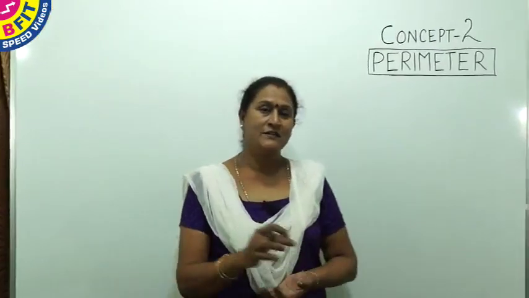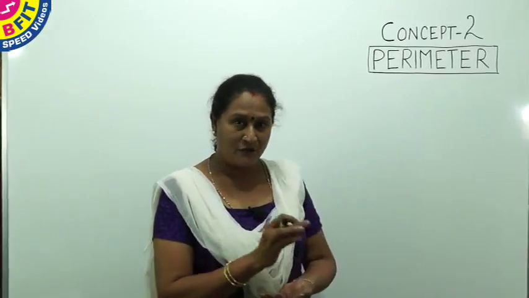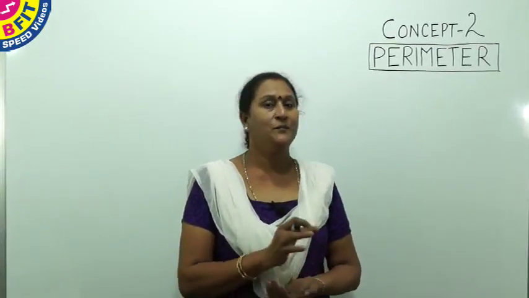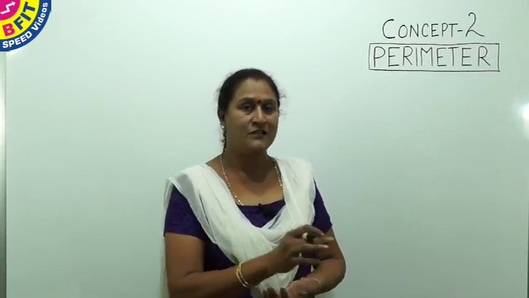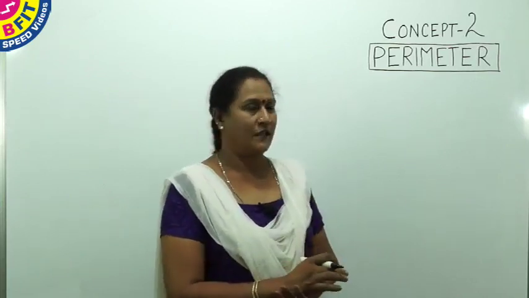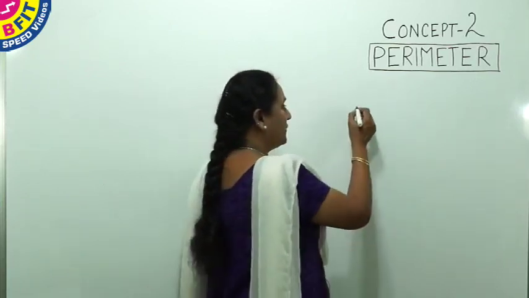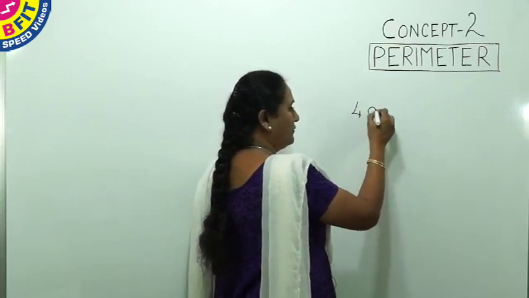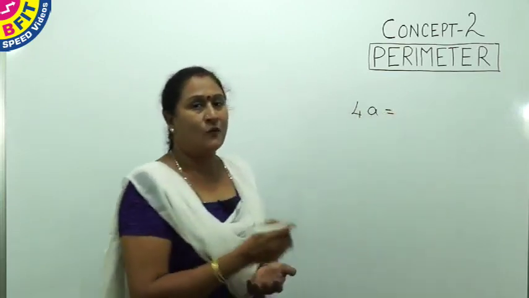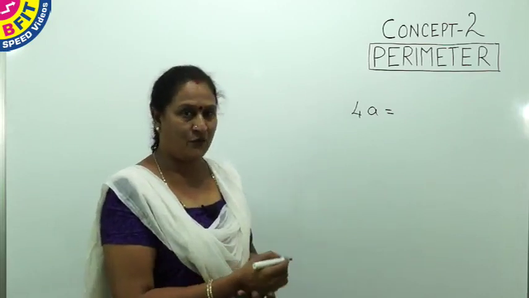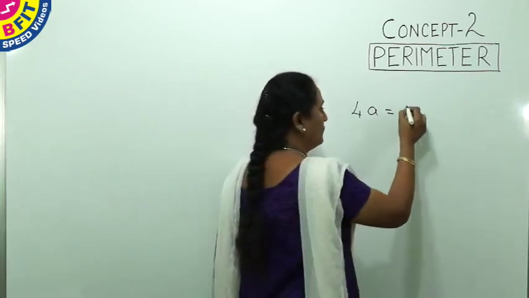So here, what is the data given? The perimeter of the square is twice the perimeter of a rectangle. First we'll find the side of the square. What is the perimeter formula for a square? 4a. So the perimeter is 4a, and it is given as 104.